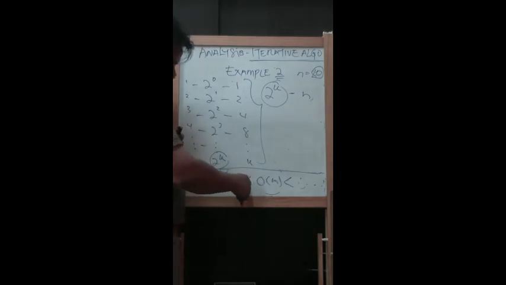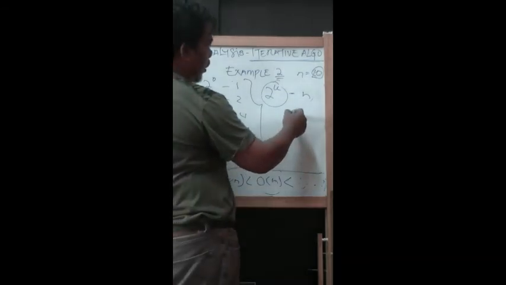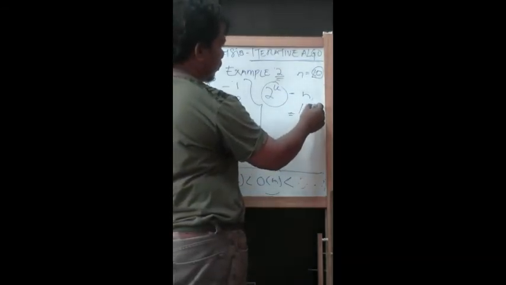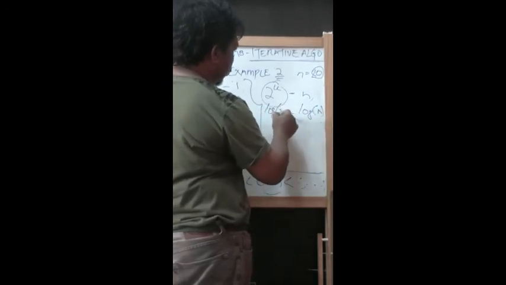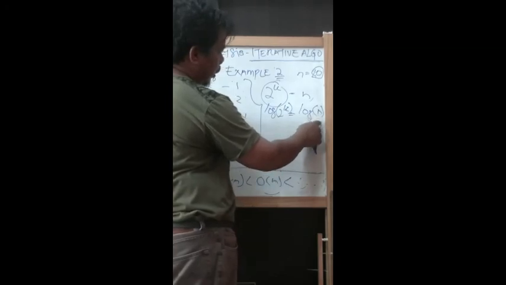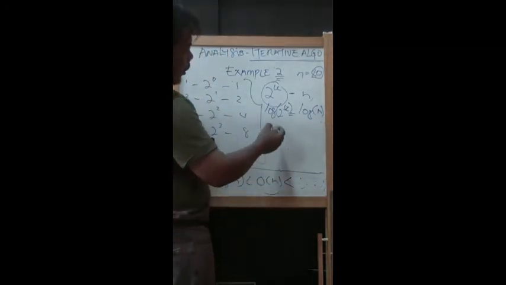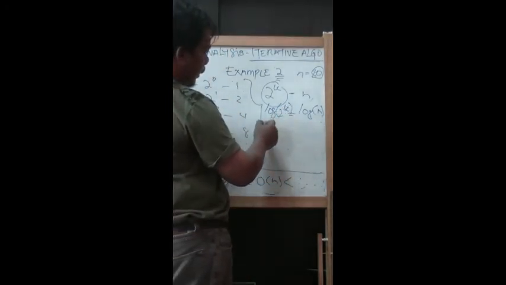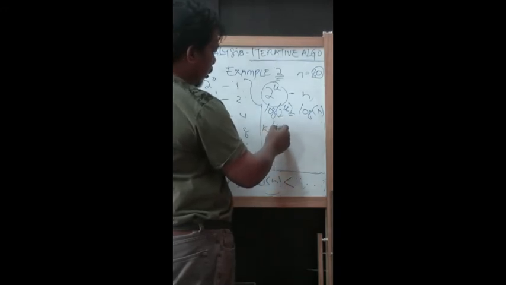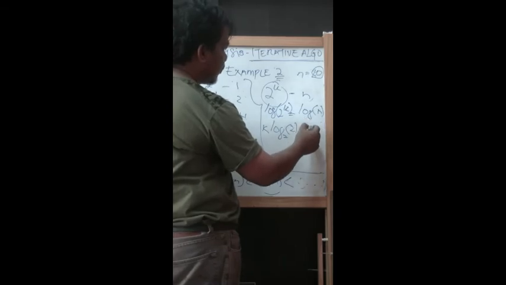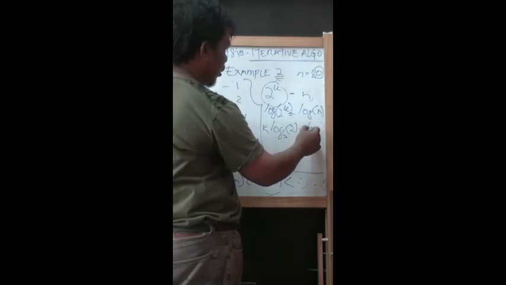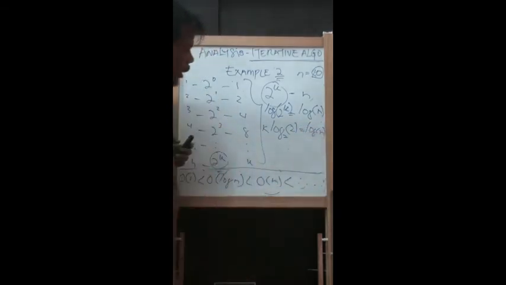A class less than n could be log n. So maybe you can assume this is log n here, and also we can put log 2 to the power k here. We want to estimate the n increase here. So this k we can bring back, and that becomes log base 2 of n here.